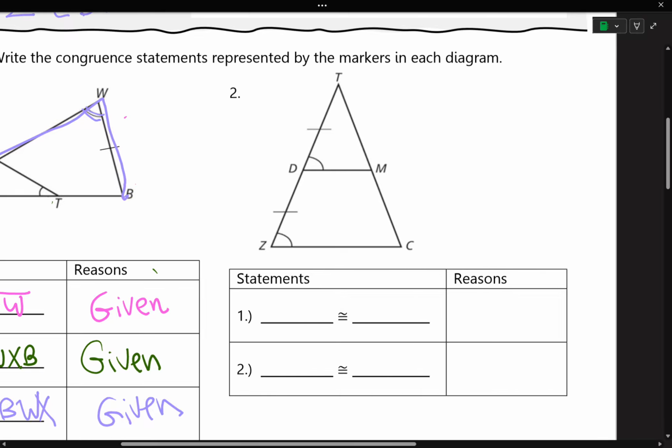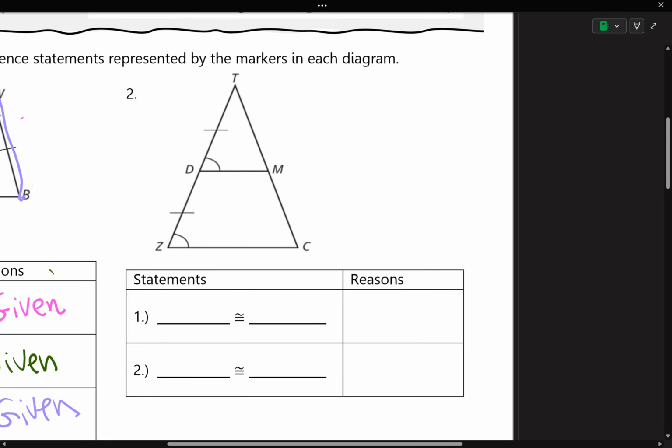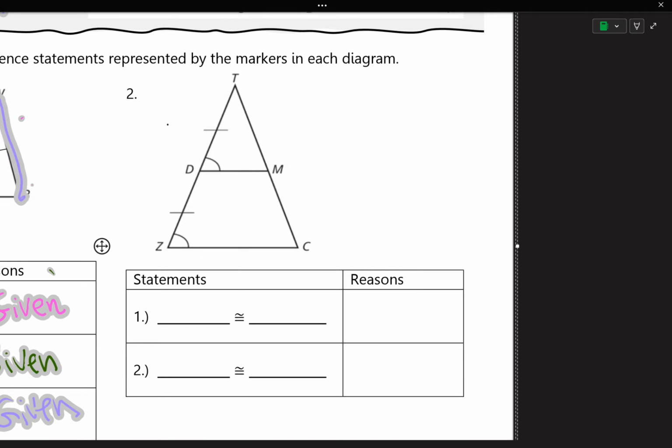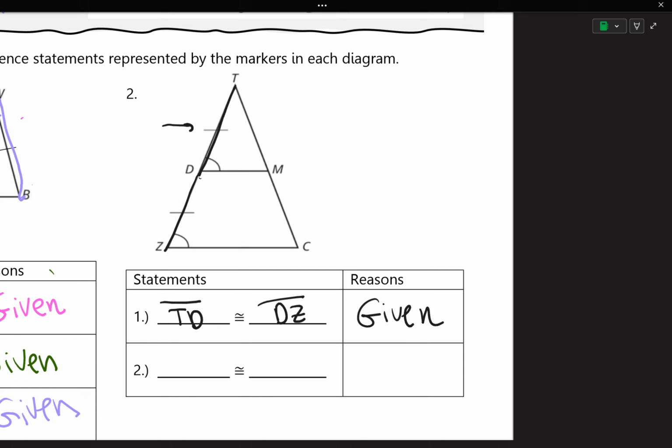Let's try this again for number 2. There are only 2 statements here because I have only 2 markings. Let's take a look at the sides. First, I have this top side from T to D. Then I have the bottom side from D to Z. Why are they congruent? It was given to us. Now let's take a look at the angles.